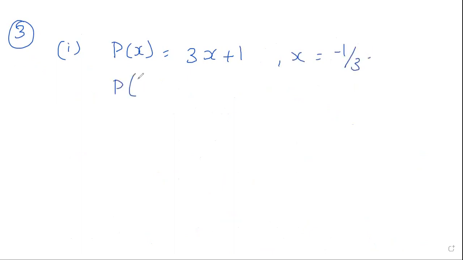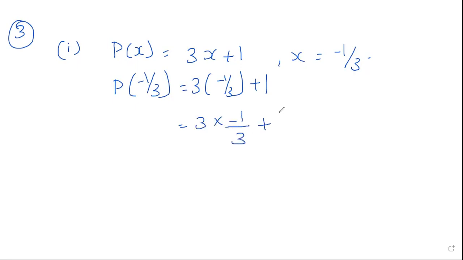Third main. First one, P of x is equal to 3x plus 1, where x is equal to minus 1 by 3. Okay, so I am substituting only minus 1 by 3. 3 into minus 1 by 3 plus 1.